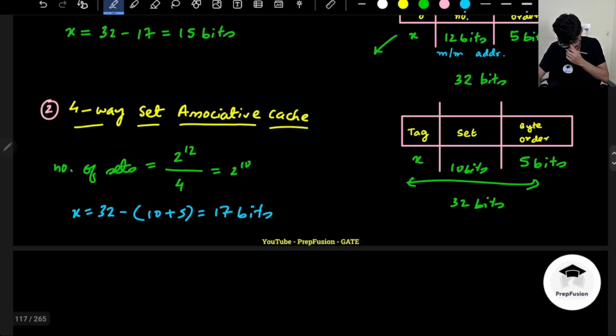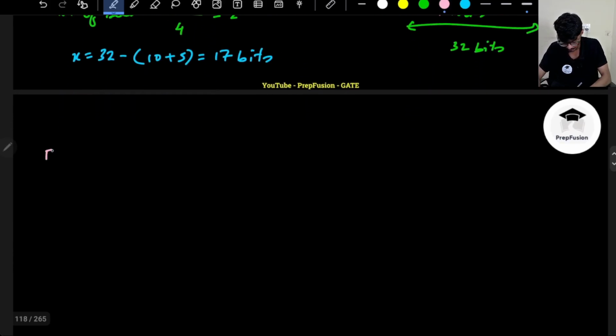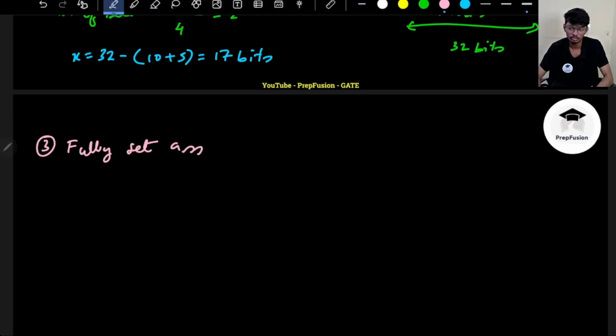This will be the tag size. And for fully associative, the third one, you don't need to calculate anything, right? Fully associative, you don't need to calculate anything, because you know the set bits will be 0. Number of set bits will be simply 0.